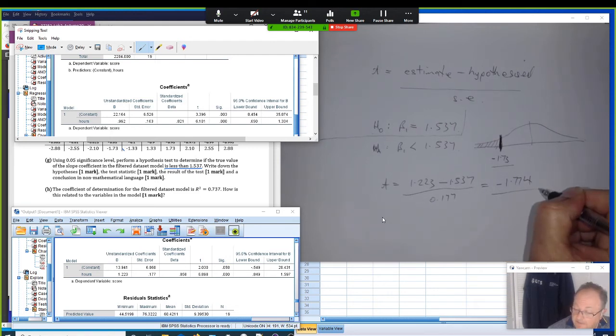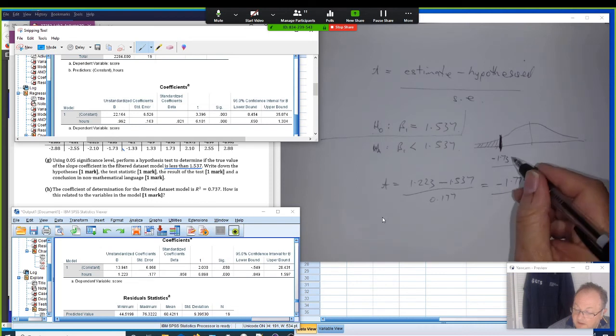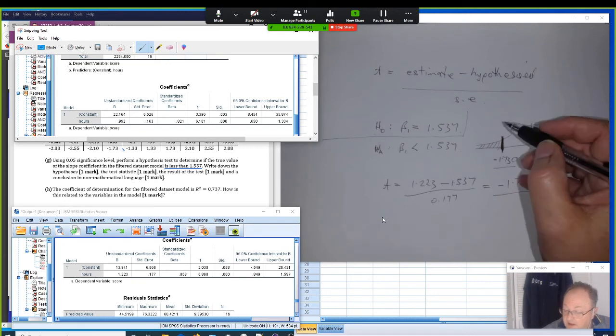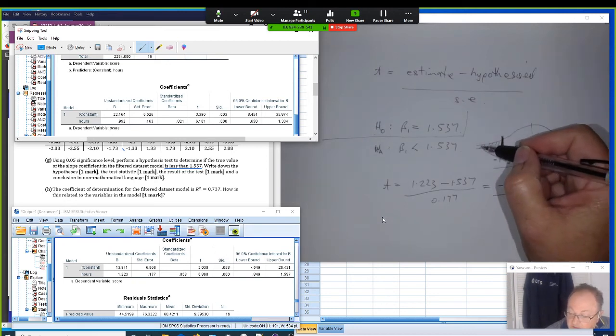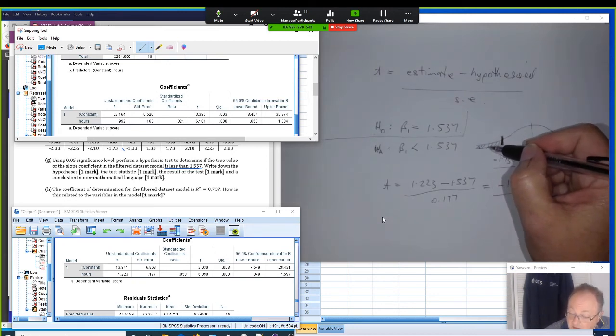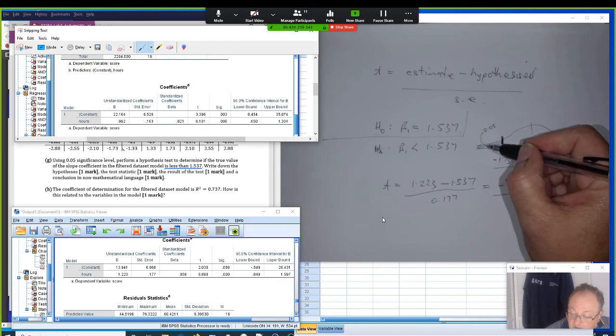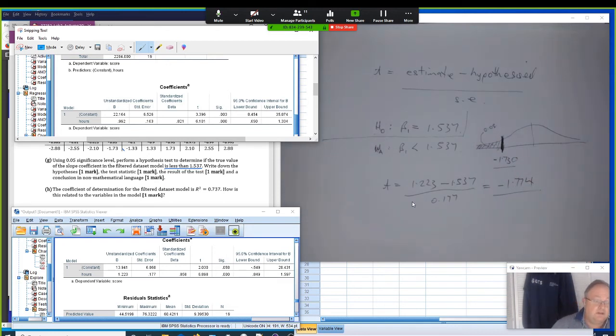Okay. Now notice the decimal places, how important it is. Because at the 5% significance, what that means is that this area here is a value of 50 thousandths. That's the area. Okay, that's the level of significance.